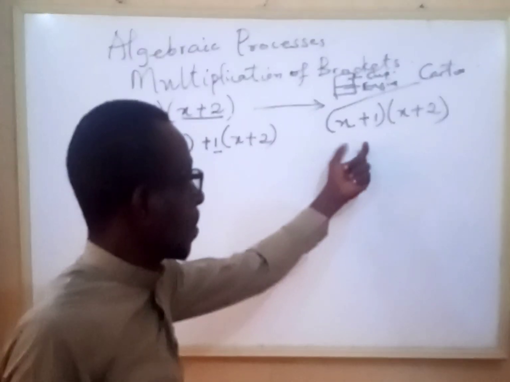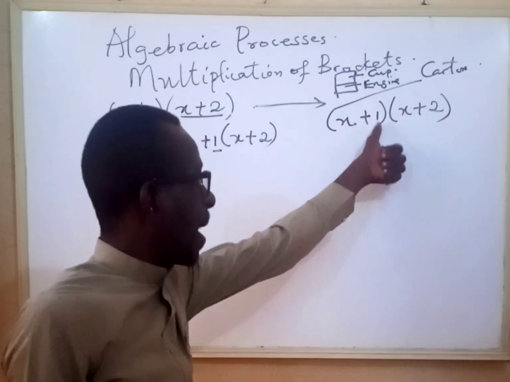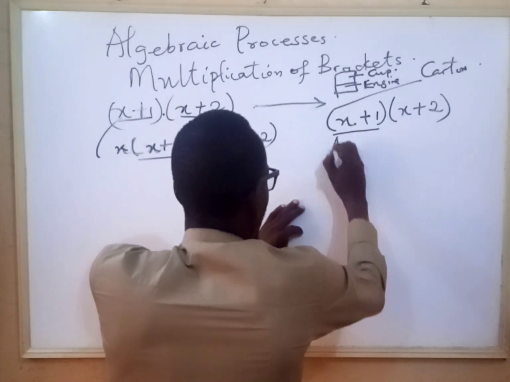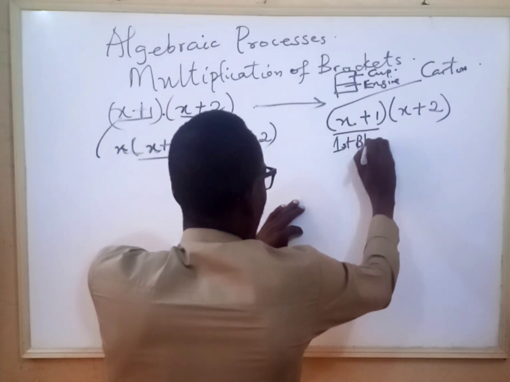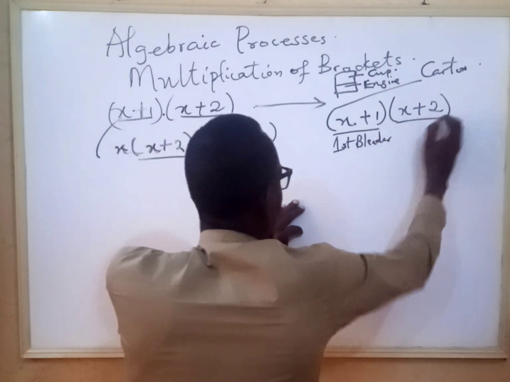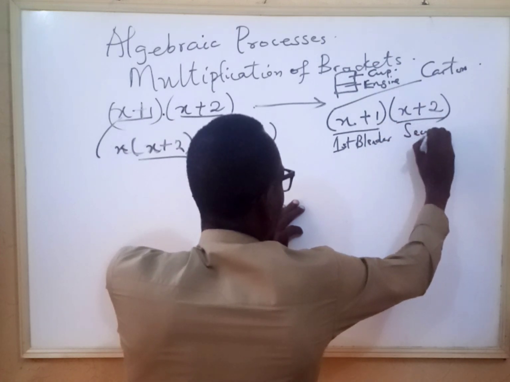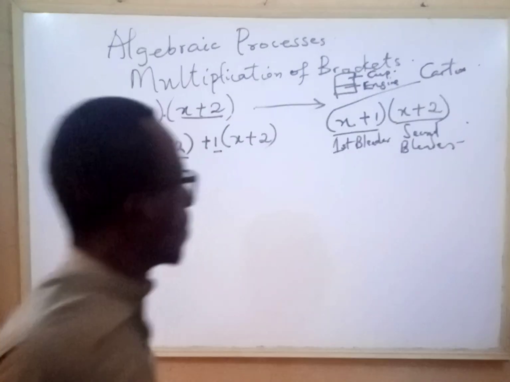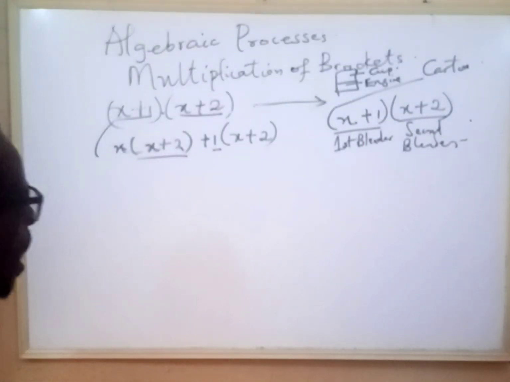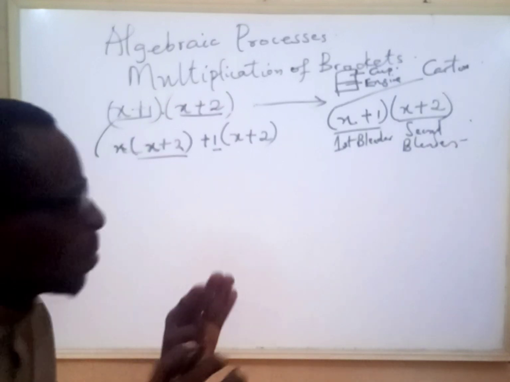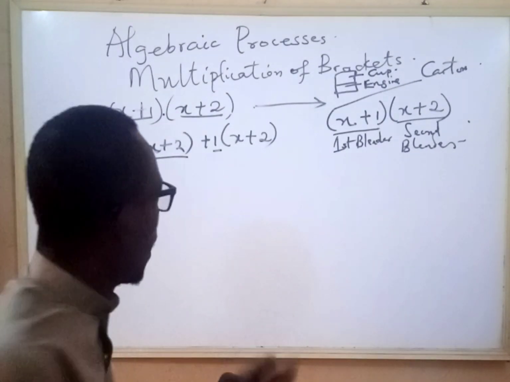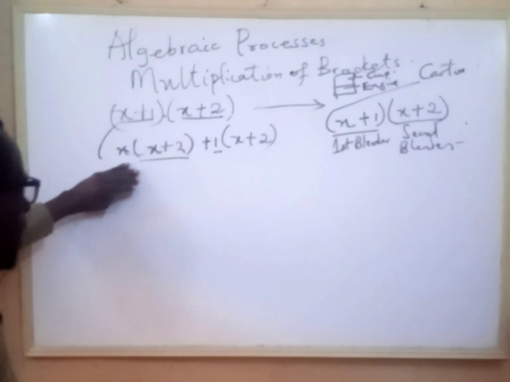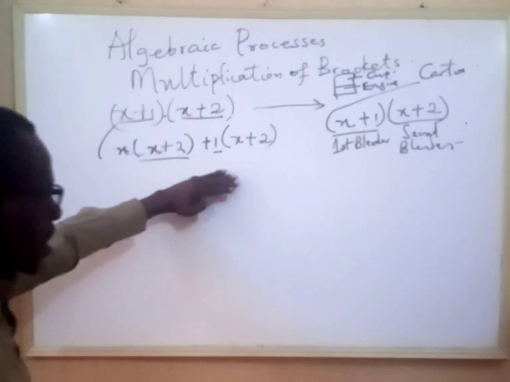That's the carton, the engine and the core in a carton. This is the first blender, and that's the second blender. At this point, we want to simplify the multiplication of brackets as much as possible. So you have brought the s out. We all understand this to this level.